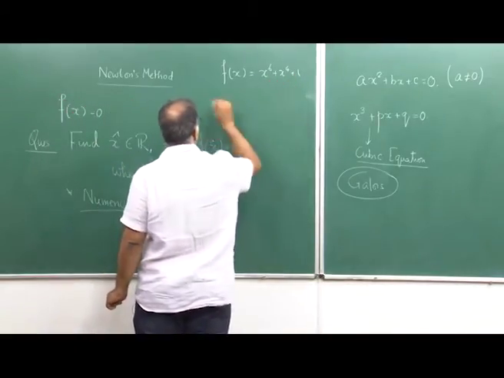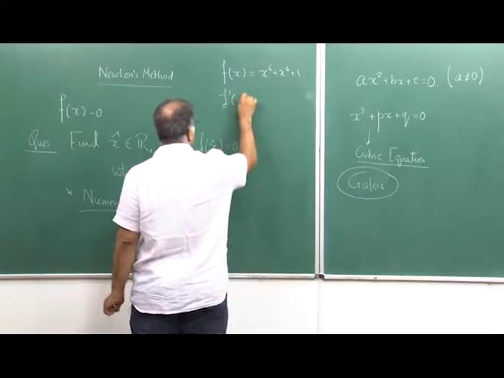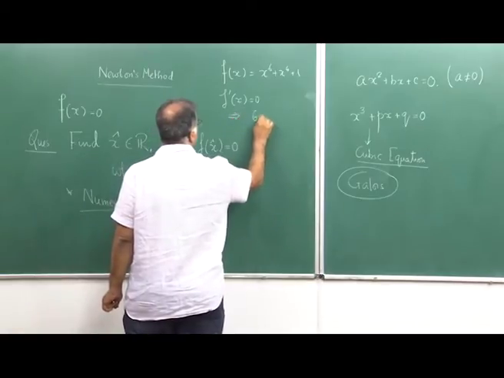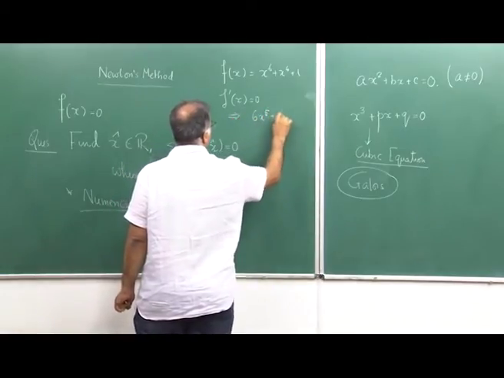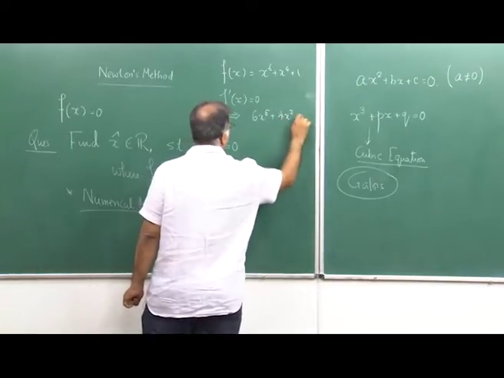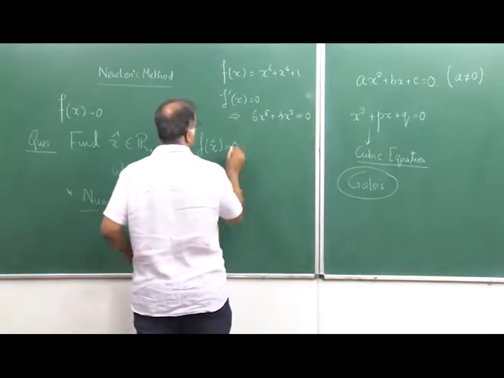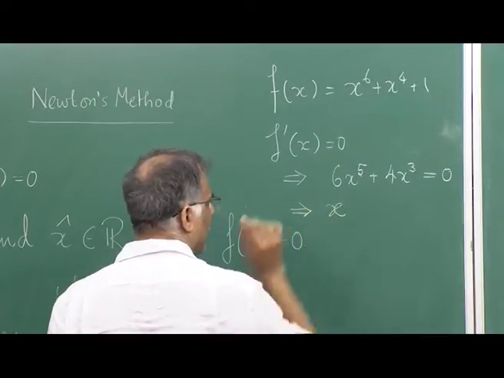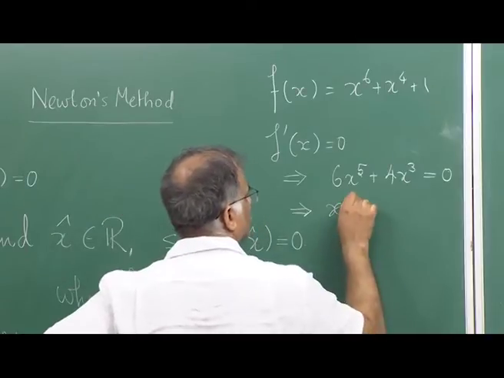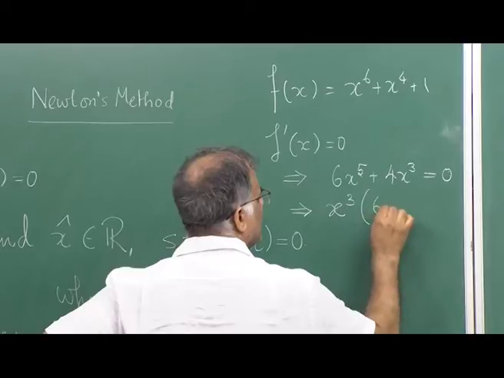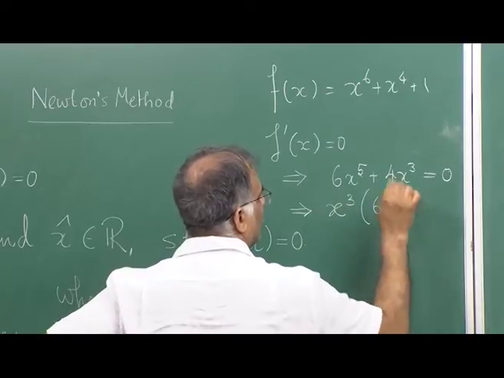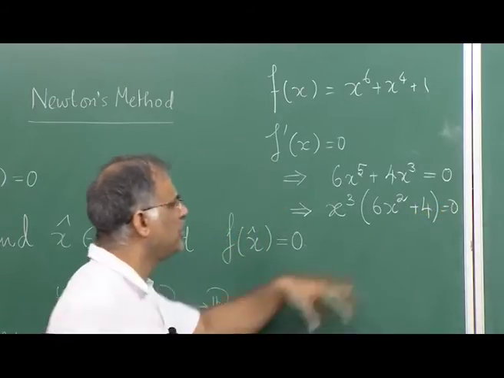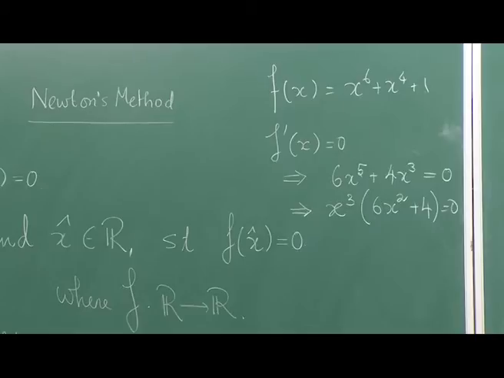This is a differentiable function, and so your first step would be to take the derivative, which immediately will give you 6x^5 + 4x^3 = 0. So here you would immediately have x^3 (6x^2 + 4) = 0. So either you have x^3 equal to 0 or this equal to 0. So you will be able to solve it.